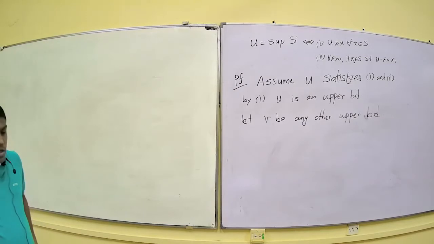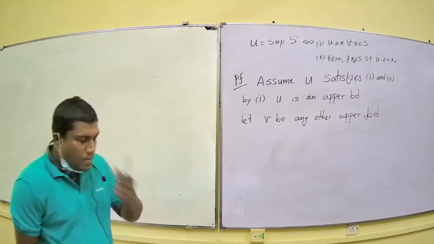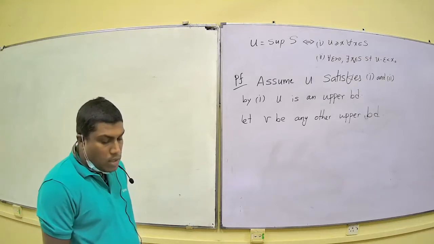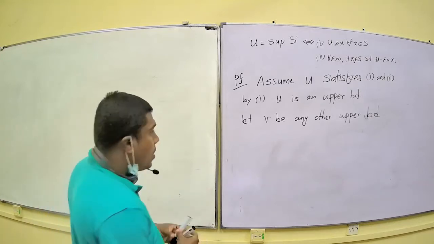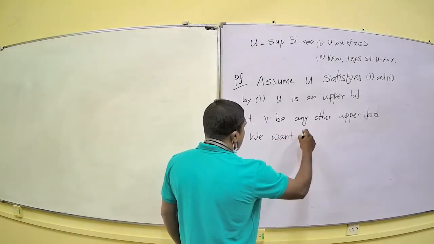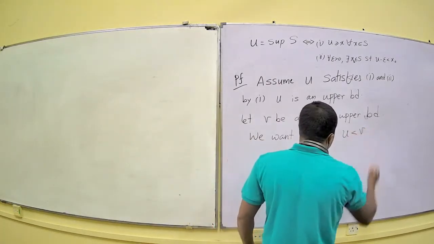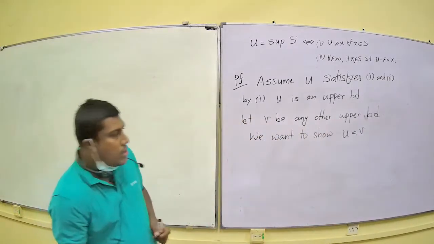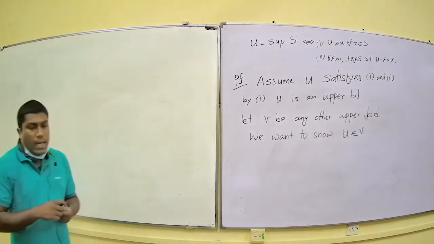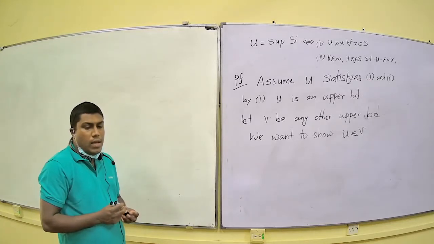We have to show that U is the smallest upper bound, that is, U is less than or equal to V. So if you take V to be any other upper bound, then you have to show that U is less or equal to V.